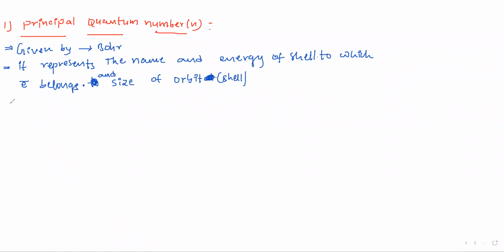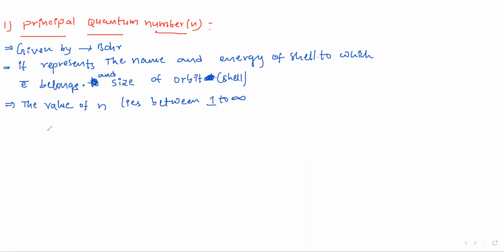And here the next point, the value of n lies between 1 to infinity.